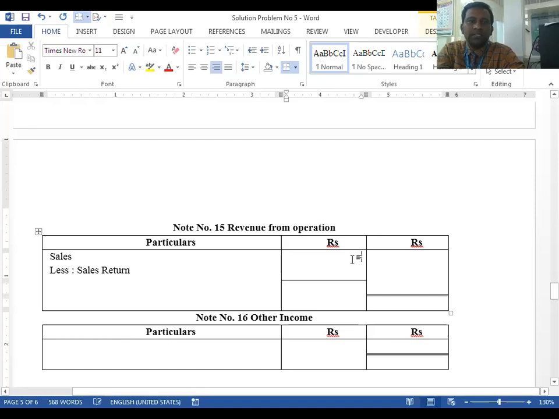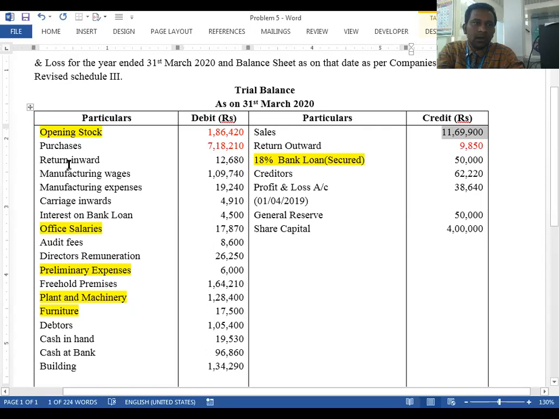What is the amount of sales? 11,69,900, and the amount of return inward. Return inward means sales return. Sales return is deducted from the figure of sales.